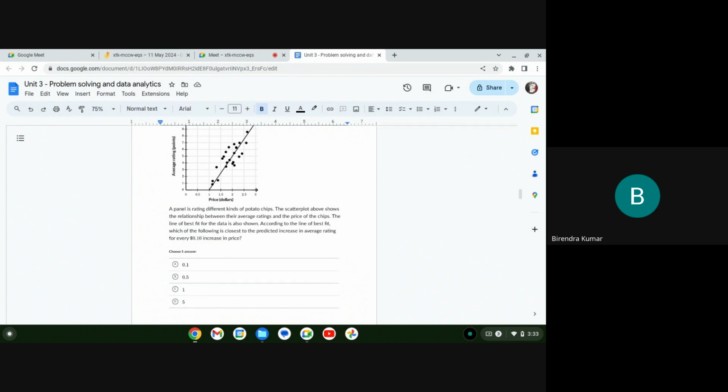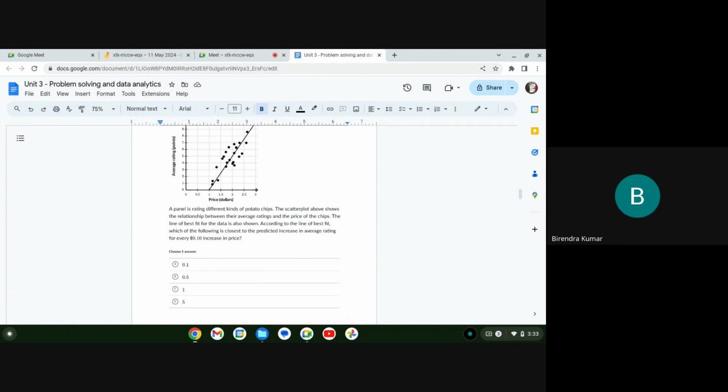Now, according to the line of best fit, which of the following is closest to the predicted increase in average rating for every 10 cents increase in price?